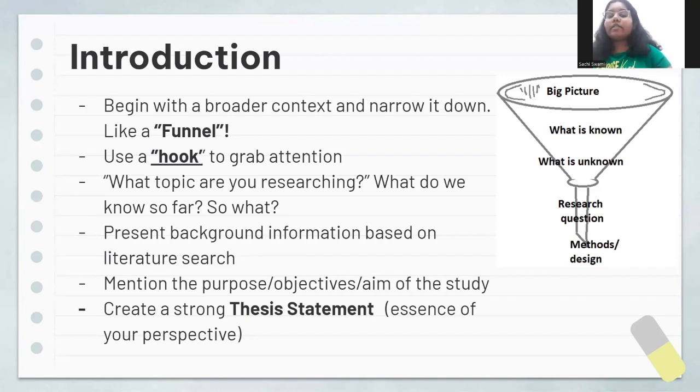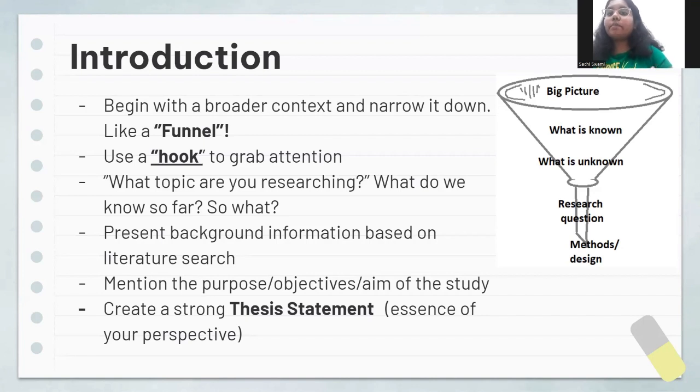And usually it is recommended you use a hook. A hook is basically a statement. It could be a question, it could be an anecdote, it could also be a quote. It's a statement that is recommended to use in your introduction to grab the attention of the readers.